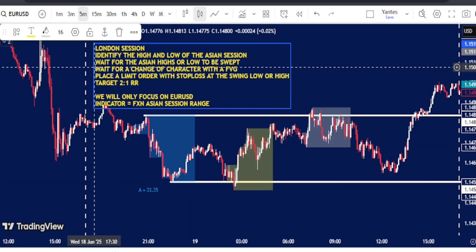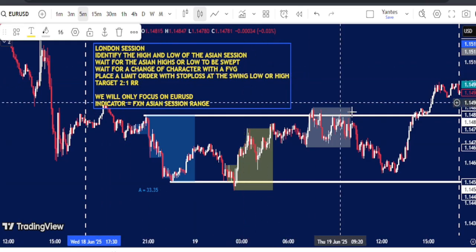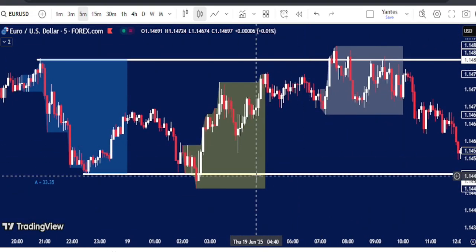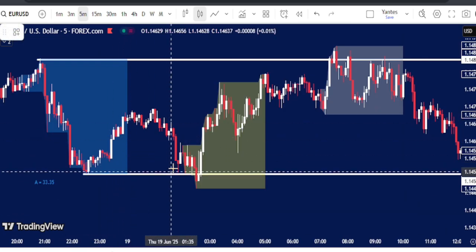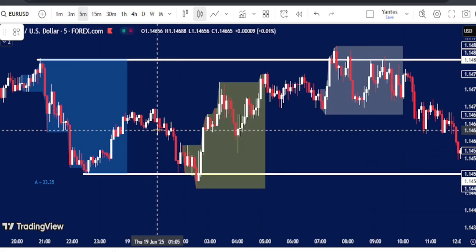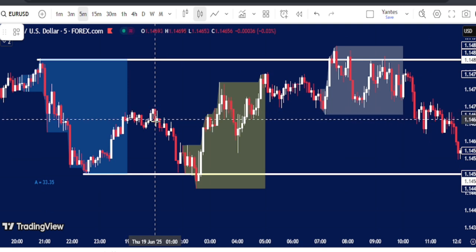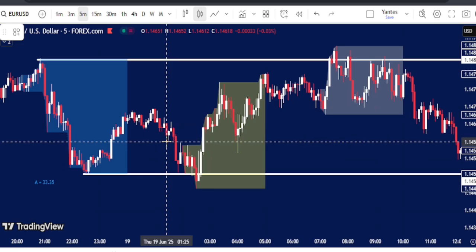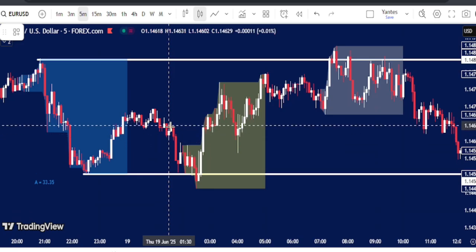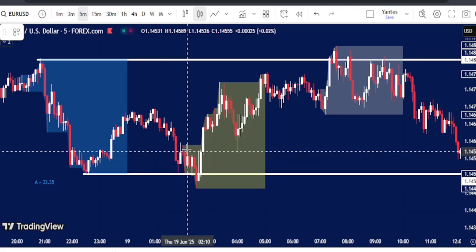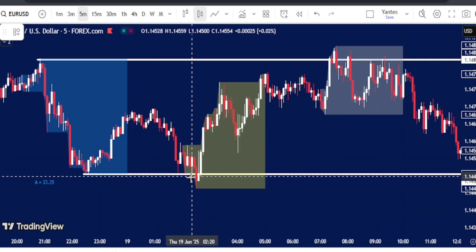Now the next criteria, wait for a change of character with an FVG, with a fair value gap. For those who don't know what FVG means: the market was going down, this is a high, making higher high, higher low. These are lower high, lower low, lower high, lower low, then another lower high, then lower low.